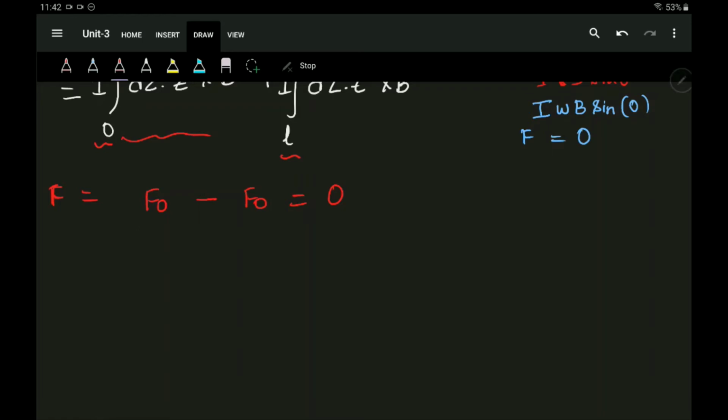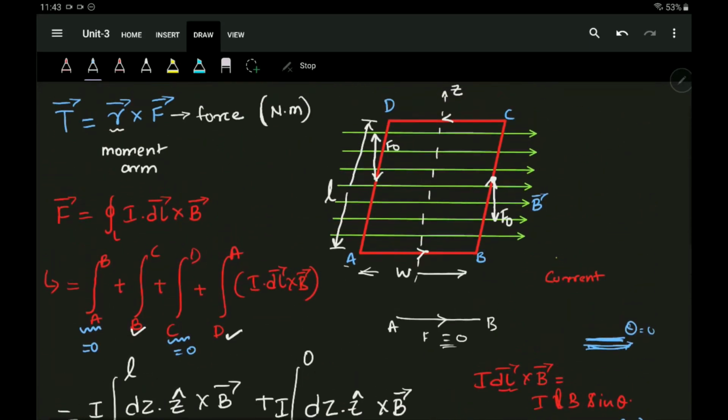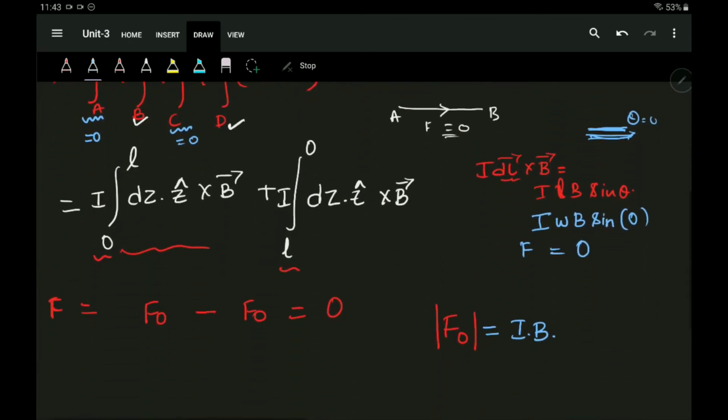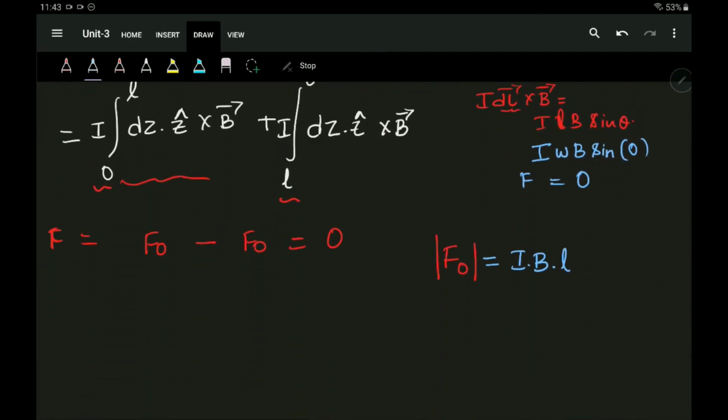So what is that force? The magnitude of force is what I had just discussed here. The magnitude of force can be written as I times B and the length. The length of this whole current element is L. That's what I am traversing.